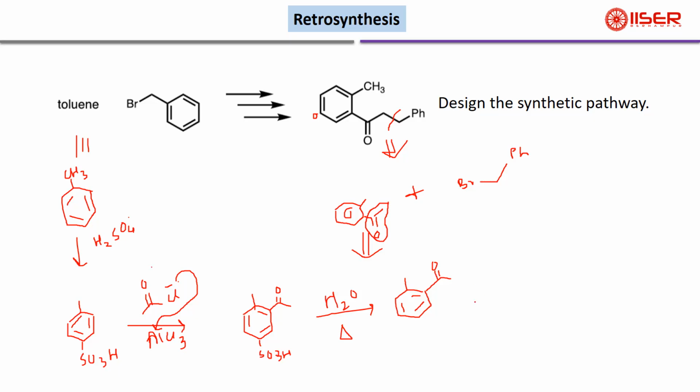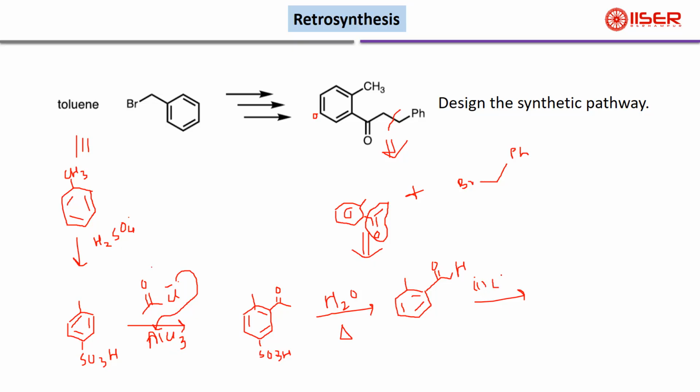Now in the next step, we have to incorporate this benzyl bromide group. So if you just add LDA, because there is only one H available, there is no other option, so it will take a proton from here only.